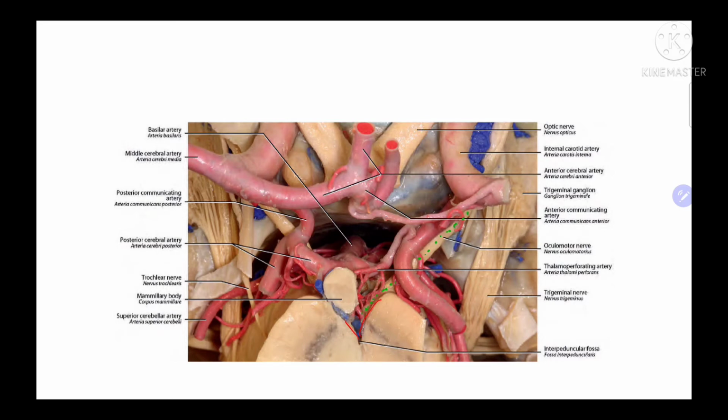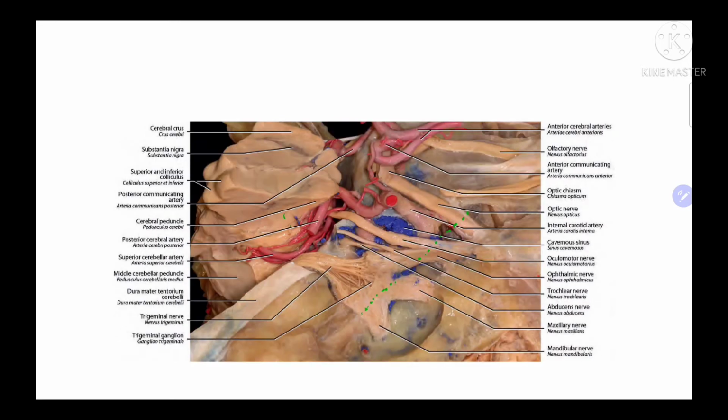Okay, there is no way out. Okay, again we see here a very beautiful view. Something we want to see is the relationship of this nerve with these vessels.